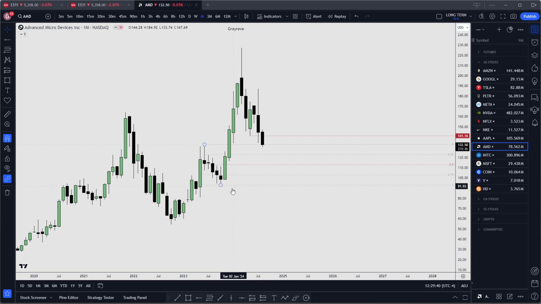Okay, my invalidation level would be this swing low, 93.12. The 0 price is 132.83, and then the 25% and 50%. These three levels are good points for accumulation with your stops at number 1.